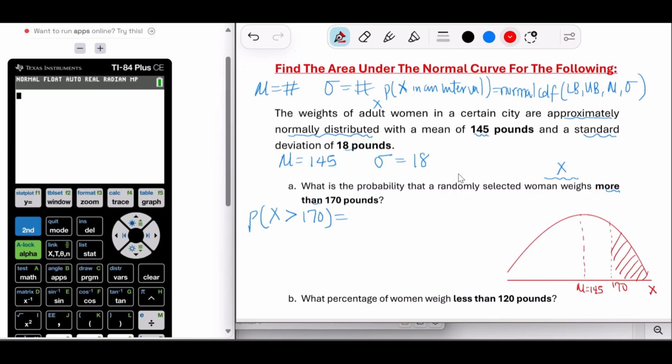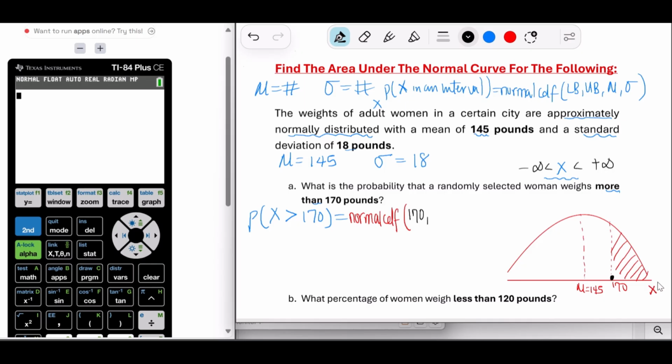Now, from here, we have the normal CDF. The lower bound is going to be the starting point, which is this. So our lower bound is going to be 170. And the upper bound is going to be infinity. Recall from the previous video, I told you the random variable is going to be from negative infinity to positive infinity.